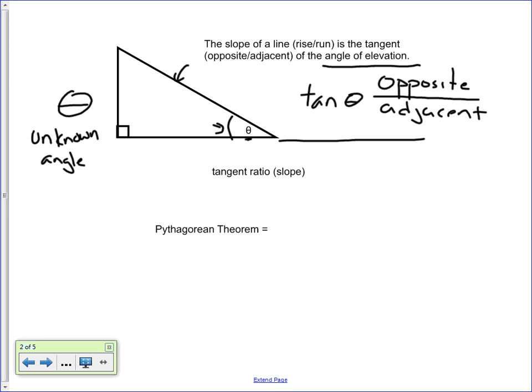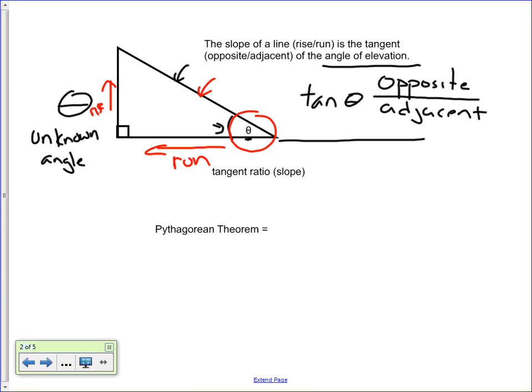So if we look at this triangle right here, the opposite is this side right here, which we also know to be the rise, and the adjacent, the side beside the angle, is this side right here, which we know to be the run. So really what we're doing is calculating slope, and by finding the tangent of a slope, we can find this angle right here, the angle of elevation.